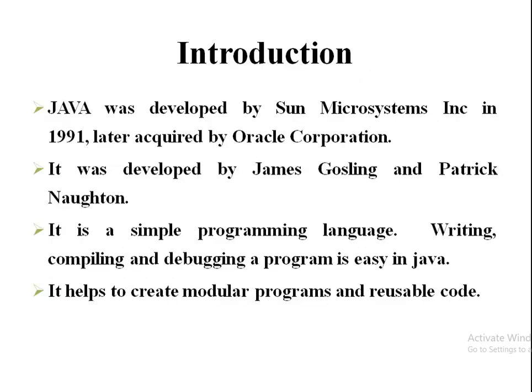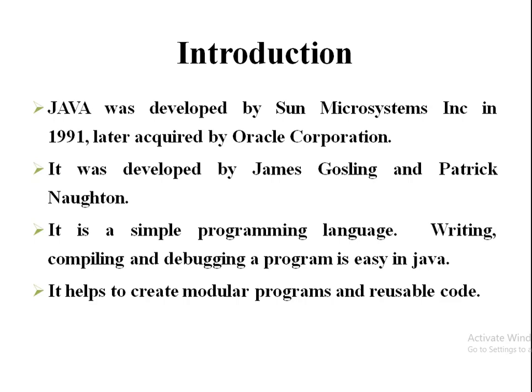Next, introduction to Java. Java was developed by Sun Microsystems in 1991 and it was later acquired by Oracle Corporation. Java was developed by James Gosling and Patrick Naughton. Java is a simple programming language.